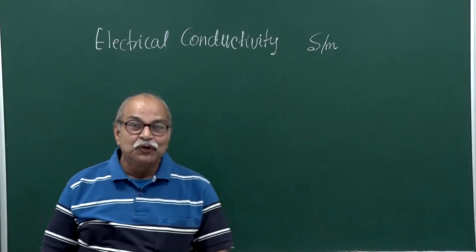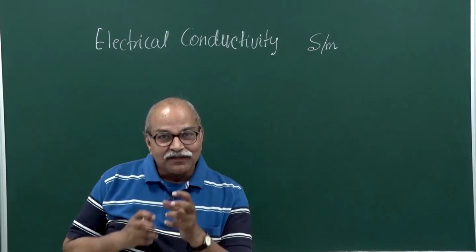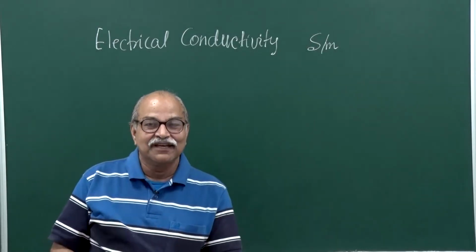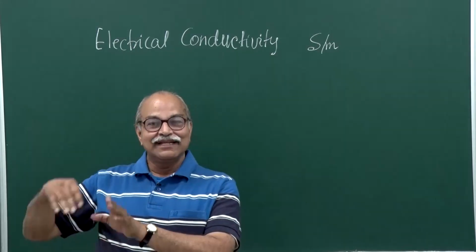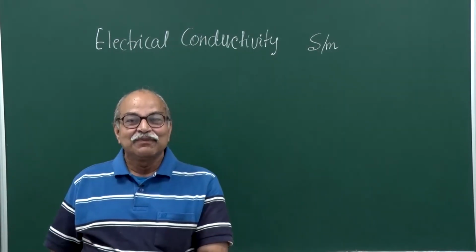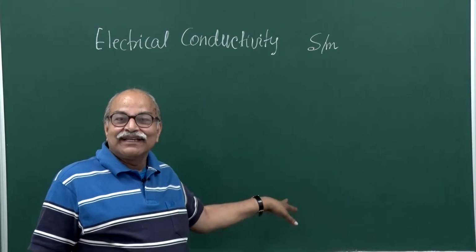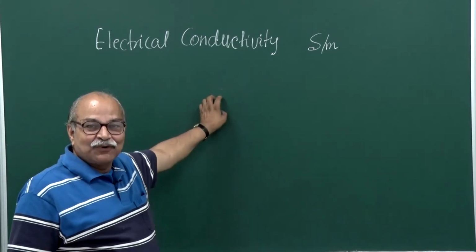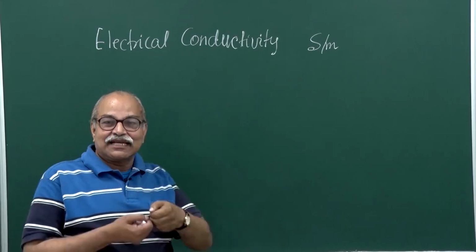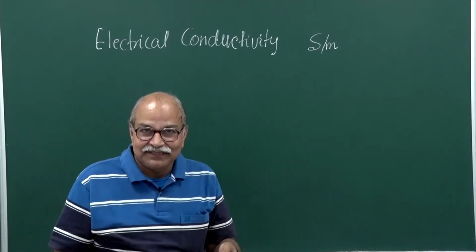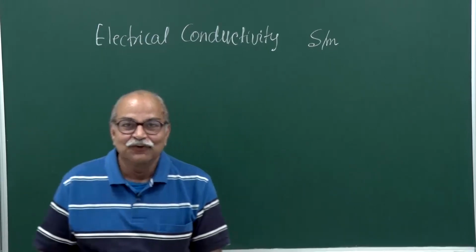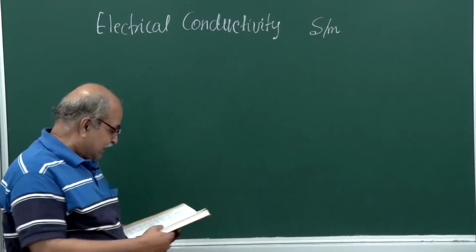Don't worry if you do not understand what this Siemens per meter is, what this conductivity is, how it is defined. Maybe we will do it later in later lectures, but here just to compare, SI unit is given this S by M, and the numbers, you focus on the numbers to get a relative idea that which one is more conducting, which one is less conducting, and so on. So focus on those numbers only.